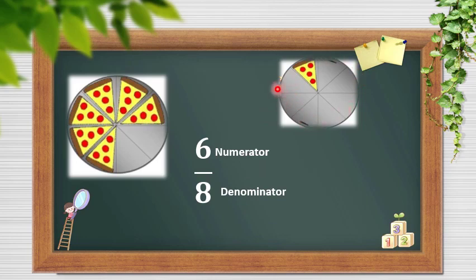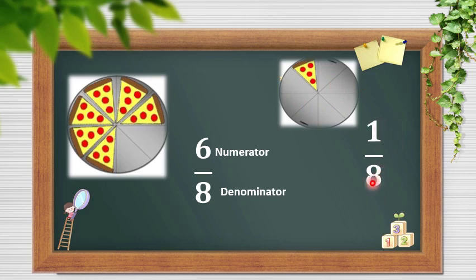Okay, now in this picture, what will be the fraction for this? What is the numerator? Excellent, it's 1. Why is it 1? Very good, because only one part is shaded. And the denominator is 1, 2, 3, 4, 5, 6, 7, and 8. Very good. So the fraction is 1 of 8.